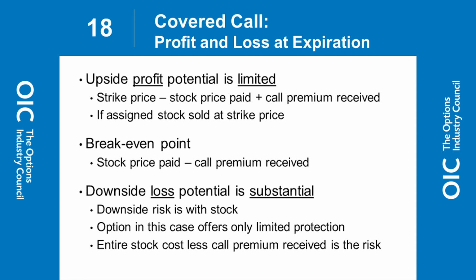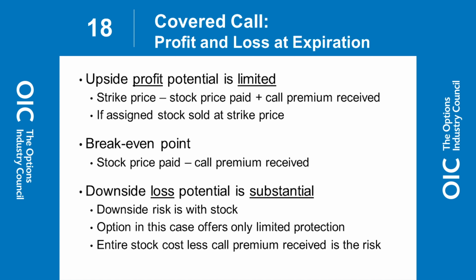We don't have the right to sell those shares. We have the obligation to sell those shares. So if our option is not exercised, if we are not assigned on our short contract, we keep those shares, and therefore we still have the same risk with long stock. If the stock goes to zero, we have a substantial loss on our hands.